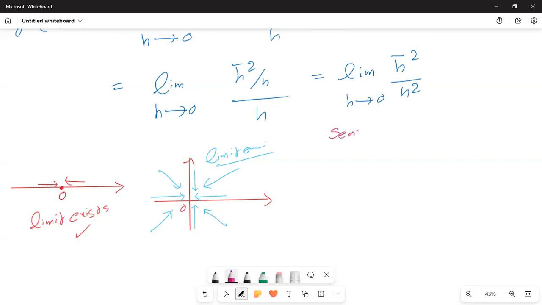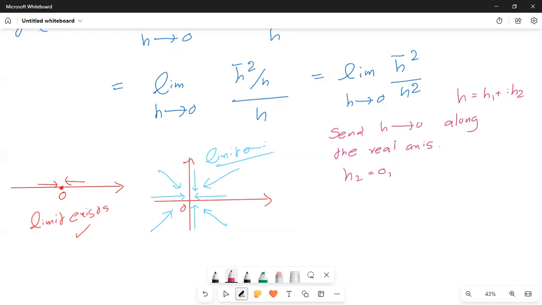First, let's send h to 0 along the real axis. Before that, take h as h1 plus i h2. Here h1 lies on the real axis and h2 lies on the imaginary axis. If we are to send h to 0 along the real axis, it means h2 is equal to 0.